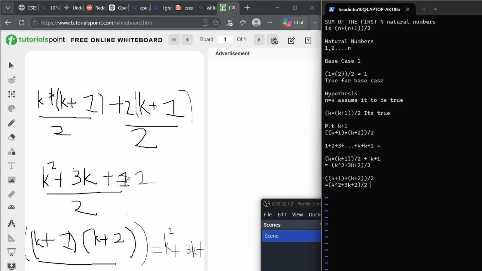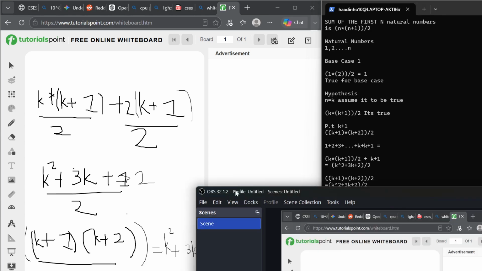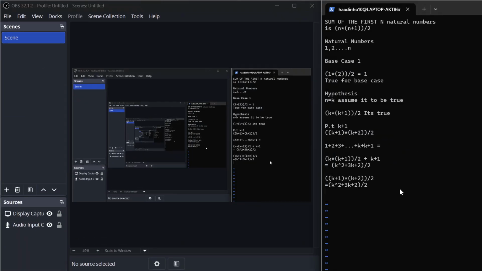Since both are equal, we have just proved that it's true for k plus 1.